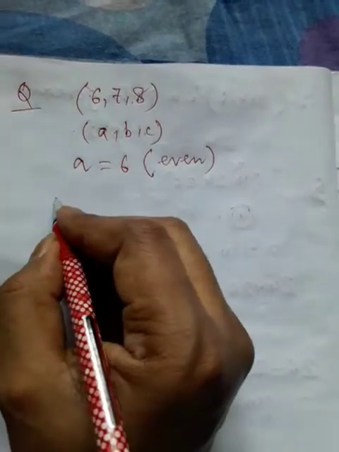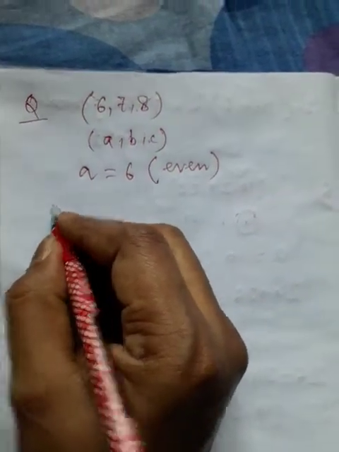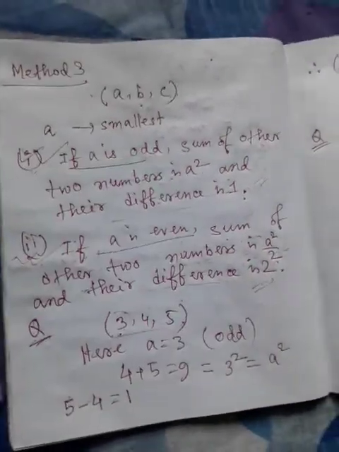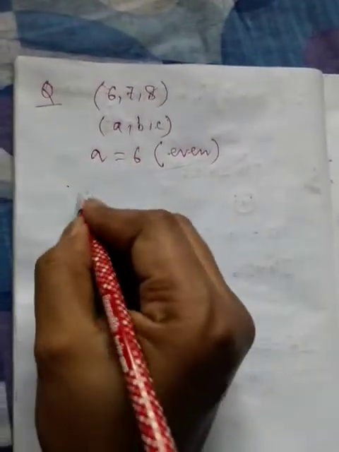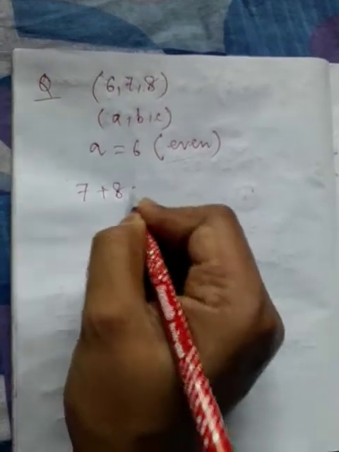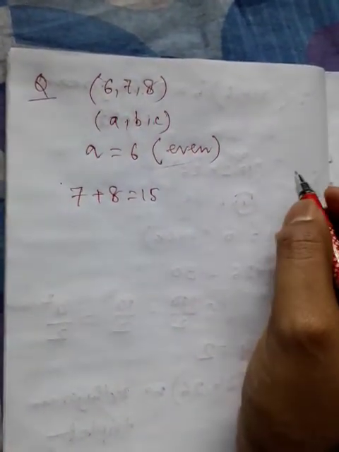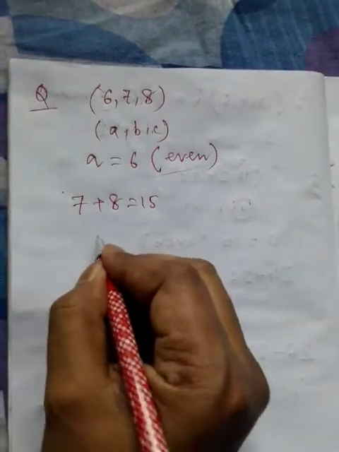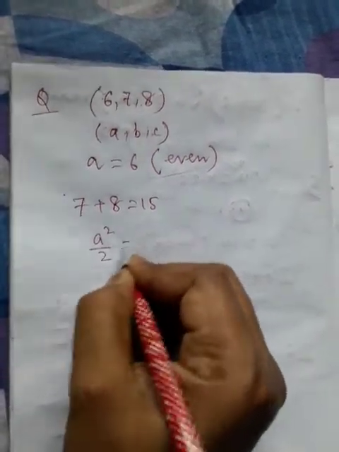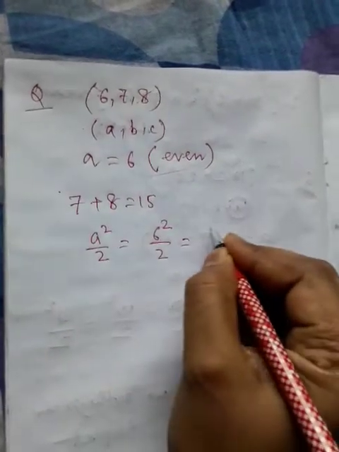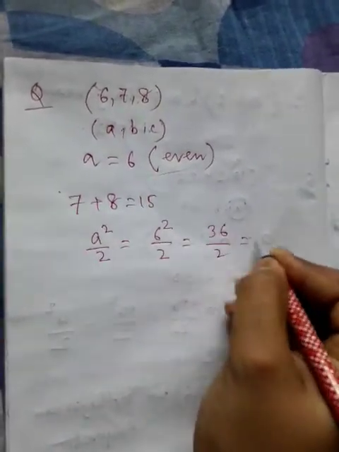Now we have to check their sum, because the sum of the other two should be A square by 2. 7 plus 8 equal to 15. A square by 2 is 6 square by 2, that is 36 by 2, that is 18.